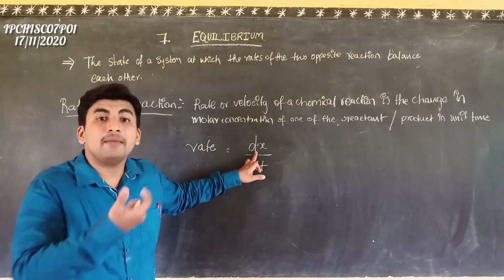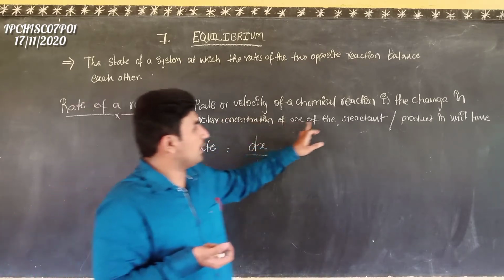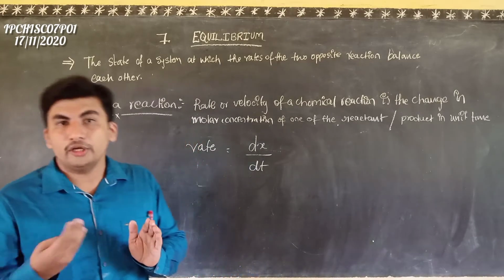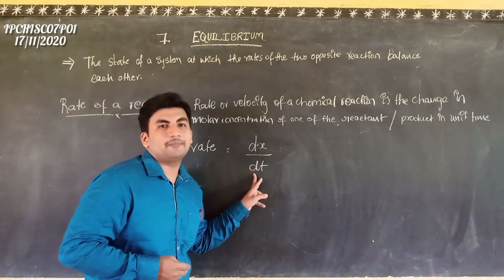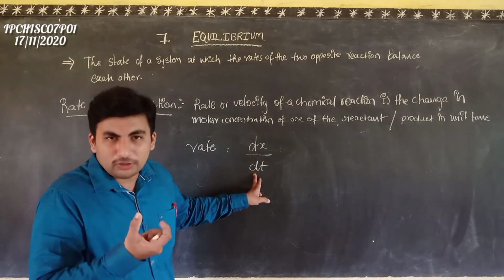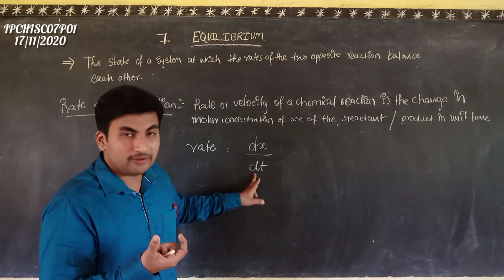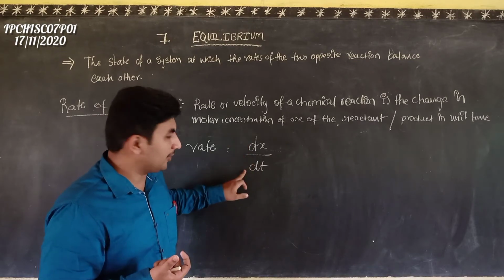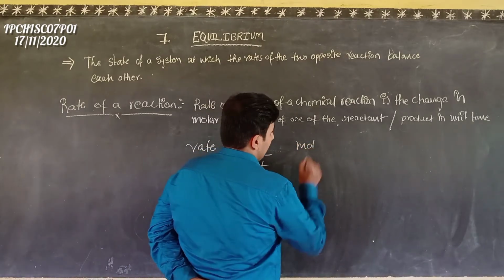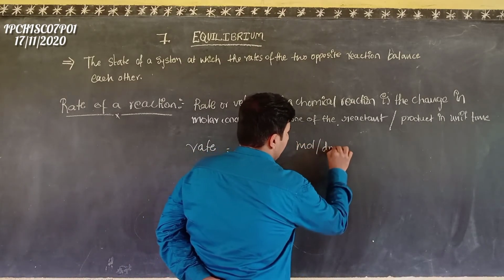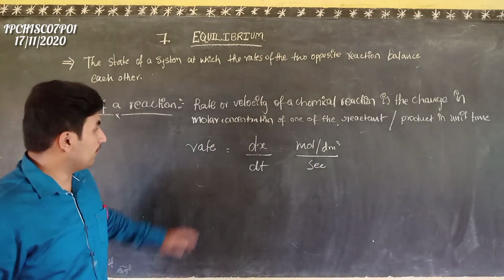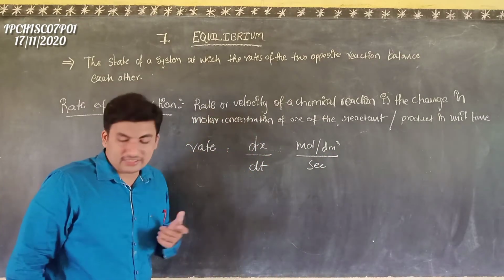Dt is the small time interval. Dx by dt, so we can write the unit as mole per dm cube per second. This is about the rate of a reaction.